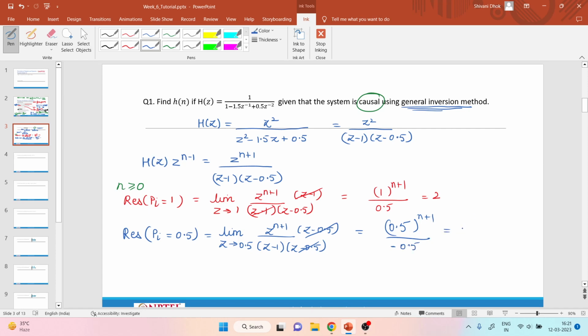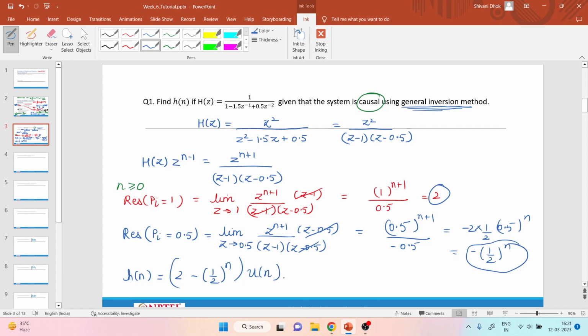This is equal to minus 2 into 1 by 2 into 0.5 to the power n, which is minus 1 by 2 to the power n. Therefore my h of n will be the summation of this and this. So h of n will be 2 minus 1 by 2 to the power n, and this is obtained for n greater than or equal to 0, hence multiplied by u of n.